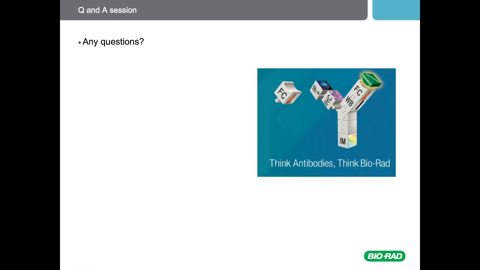And there are also some recommended controls you should do. For example, you should include a control sample treated as your experimental or disease model if required. You should also have an untreated or an unstimulated sample and a fully stimulated sample. And this will enable you to determine the full range of expression of your cytokines. As cytokines and chemokines are secreted targets, they'll need to be trapped within the cell.